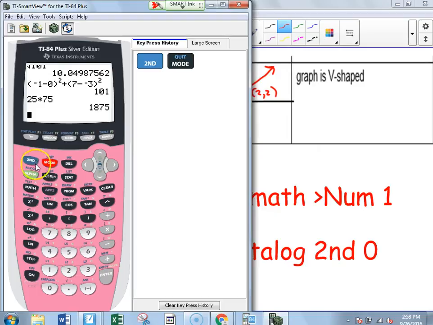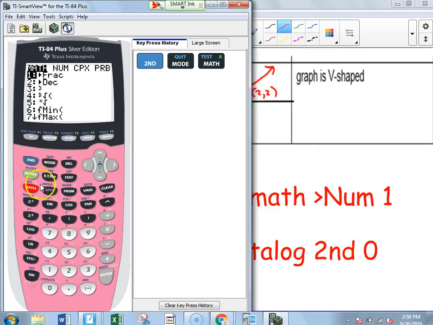One is under math, arrow to the right, and it's at the top here, ABS, okay? Math, arrow to the right under the number menu. By the way, we're going to talk about the greatest integer function in a second. That is this number 5. INT is the greatest integer function, okay? Both are under math, arrow to the right.